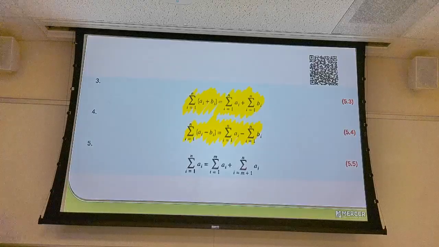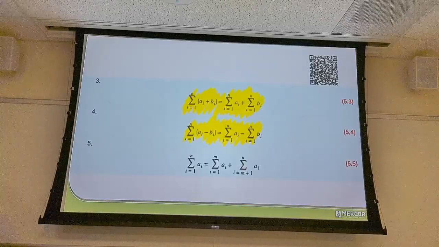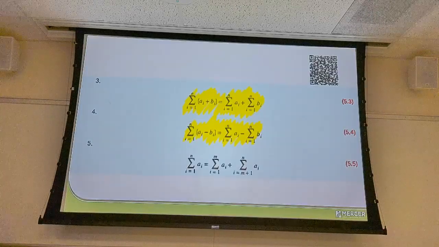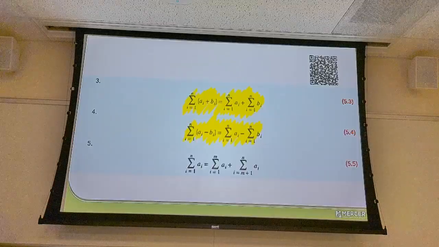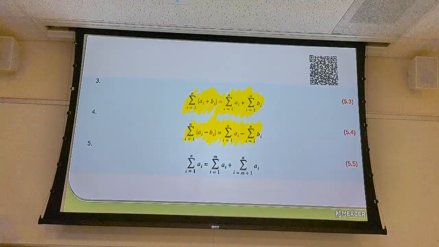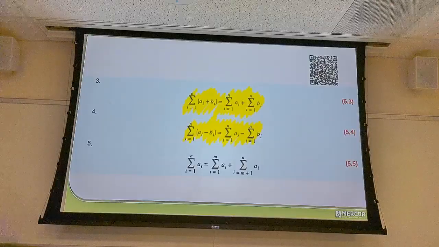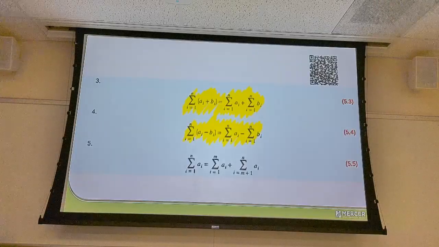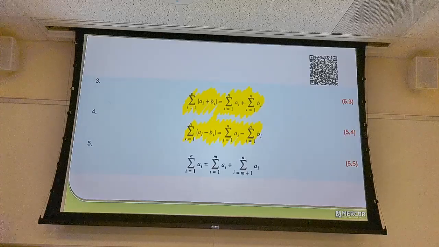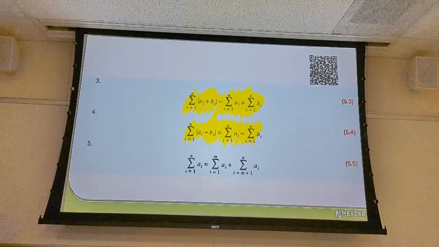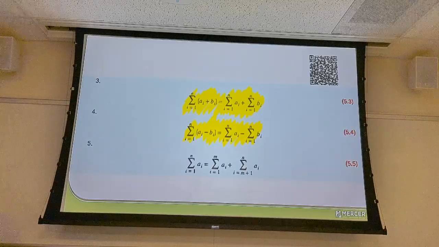This one's saying you can split summations or combine summations. You have a sum between 1 and n. Well, then you can split your sum at m. So you can go sum from 1 to m plus the sum from m plus 1 to n. And that also works in reverse.